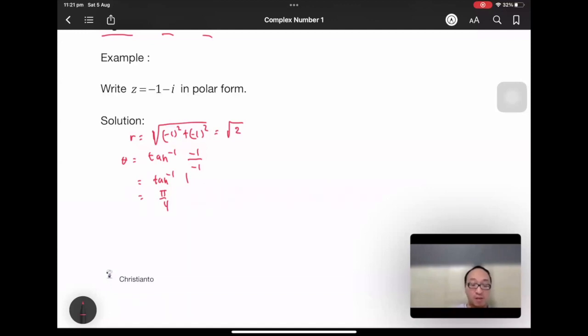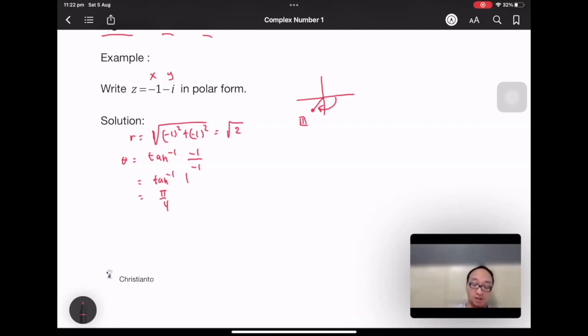But we know that x is negative and y is negative. So we have negative 1 and negative 1, which is in the third quadrant, so theta should be negative.